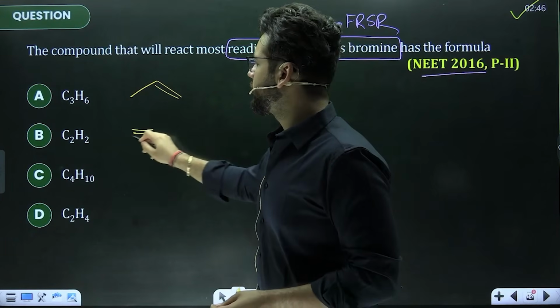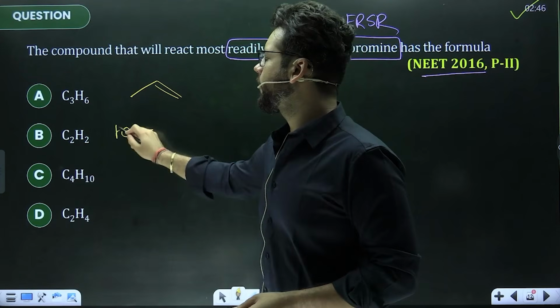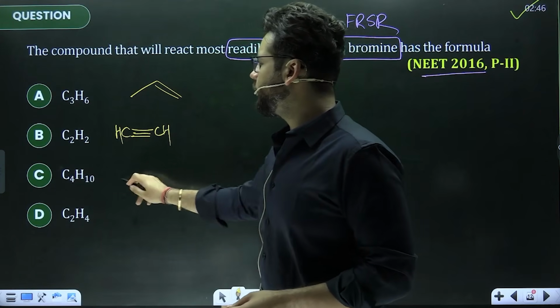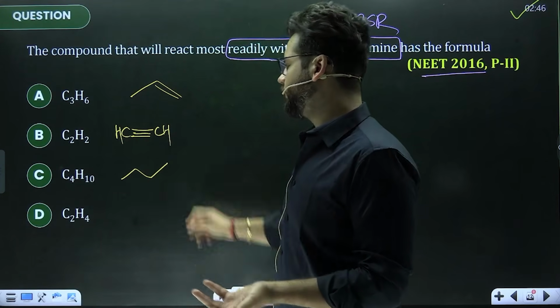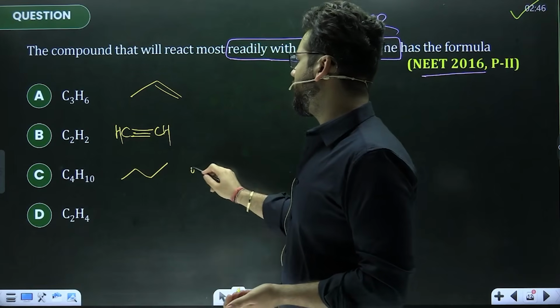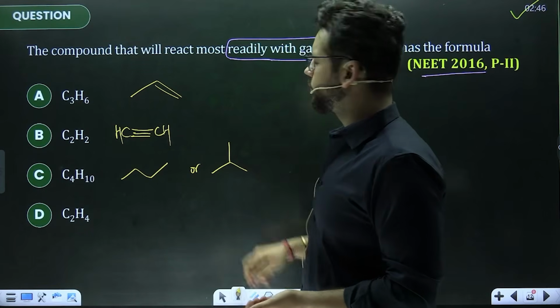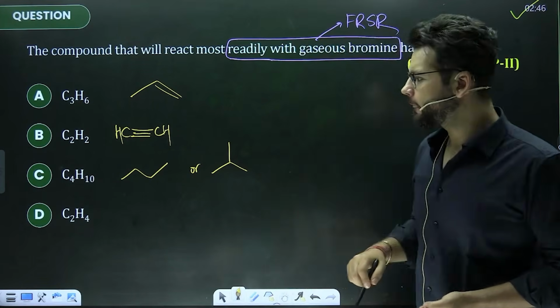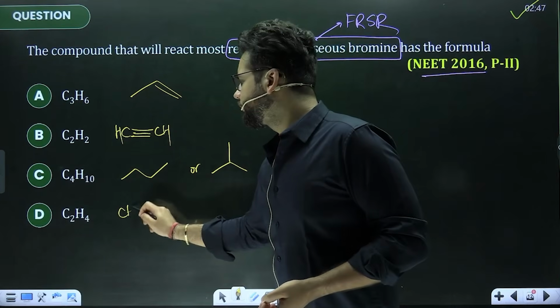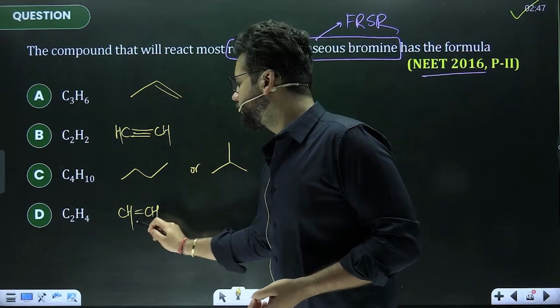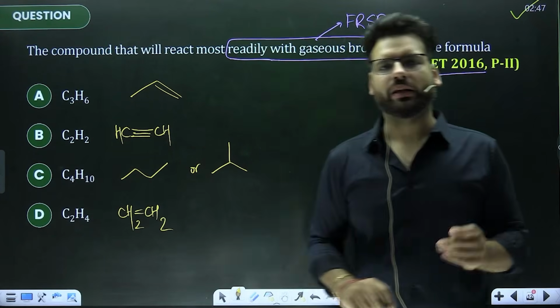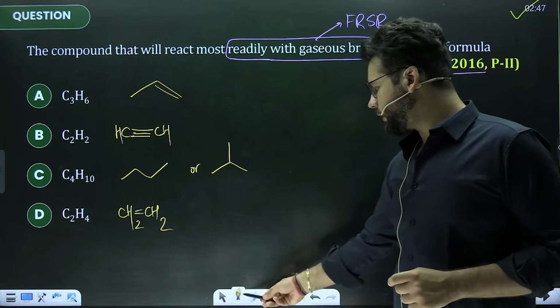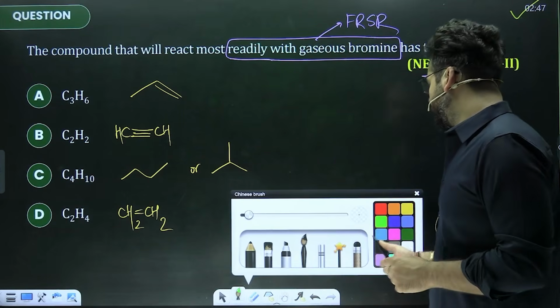C2H2 means ethyne. C4H10 may mean butane or may mean isobutane. Okay. C2H4 would mean ethene. Question is, who reacts most readily with the gaseous bromine?